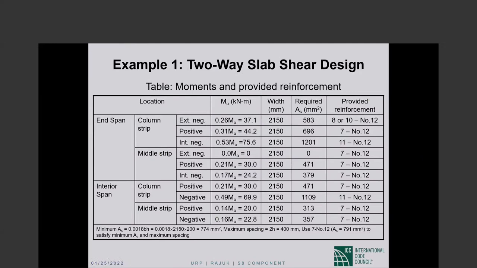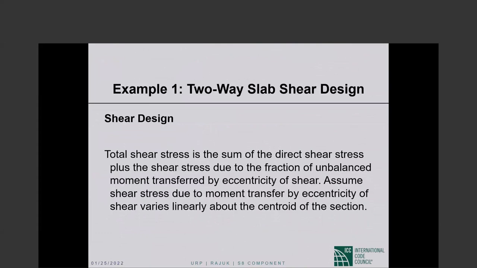Okay, so end span, interior span, end span. We have column strip, middle strip. Now for the end span, we have exterior negative moment, positive moment, interior negative moment, middle strip, the same thing. But for the interior span, it is just positive and negative. So you remember 65-35 distribution and all of that.